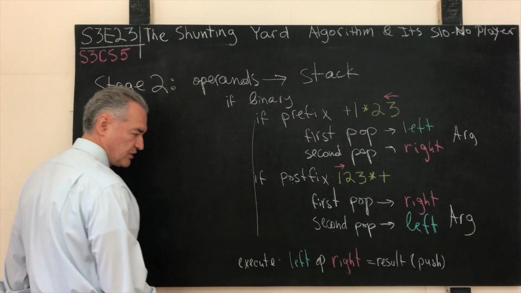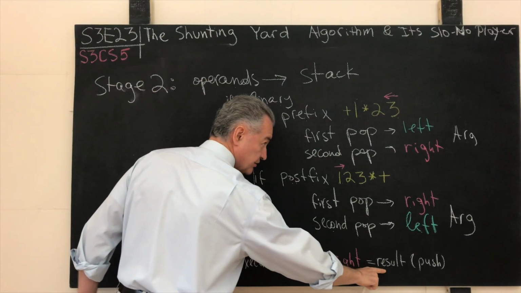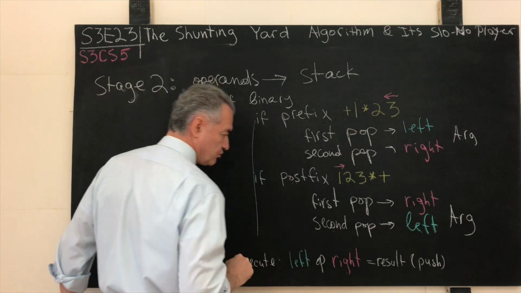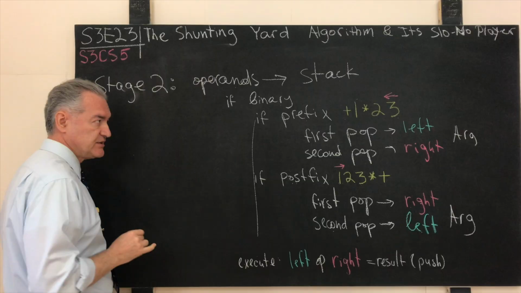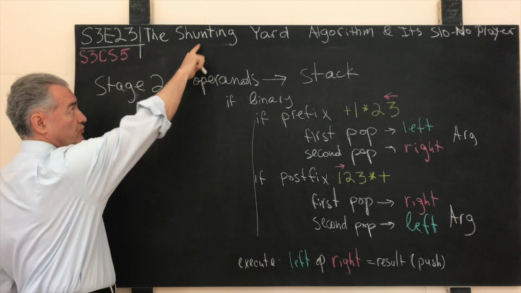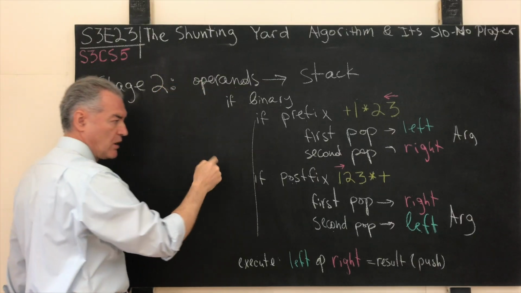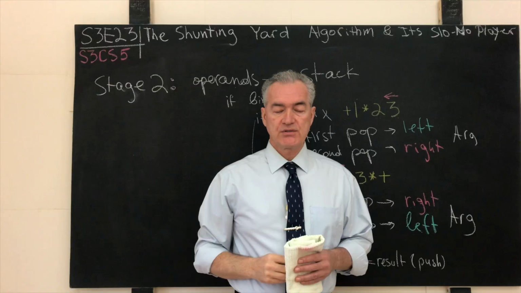So this is also straightforward. Once you execute this operator, you will get the result. You take the result and you push it back onto the stack. And now that we more or less understand the essence of the second stage, stage number 2 of the execution of the Shunting Yard algorithm, we can take a look at a couple of sample computations.